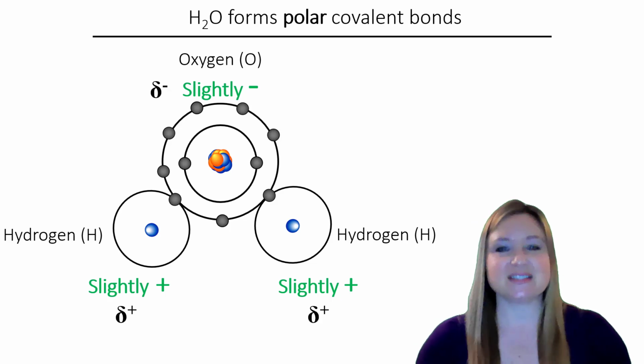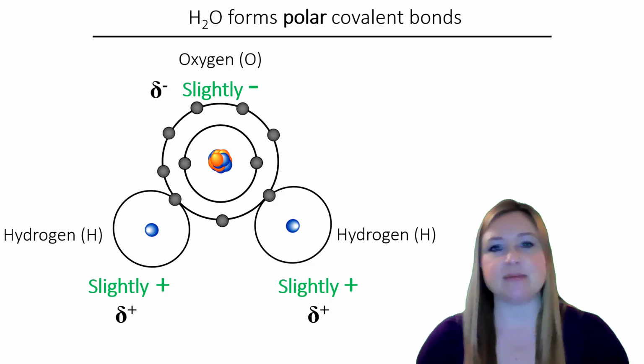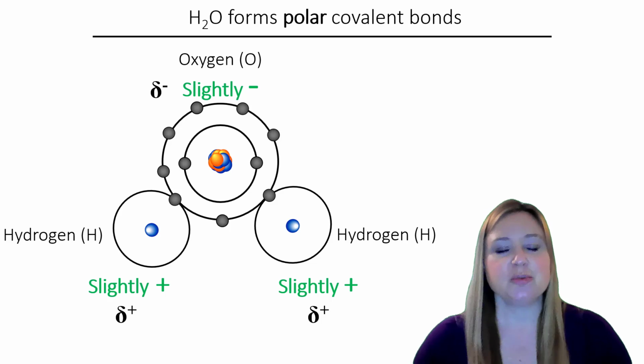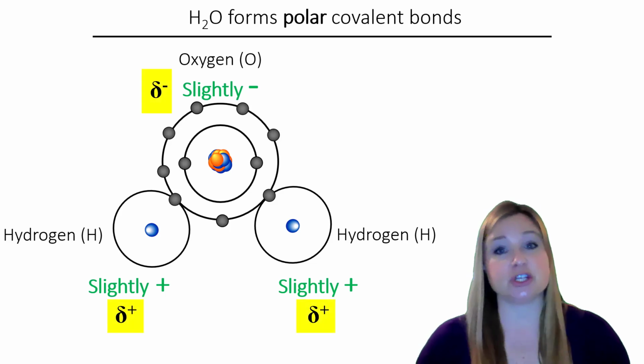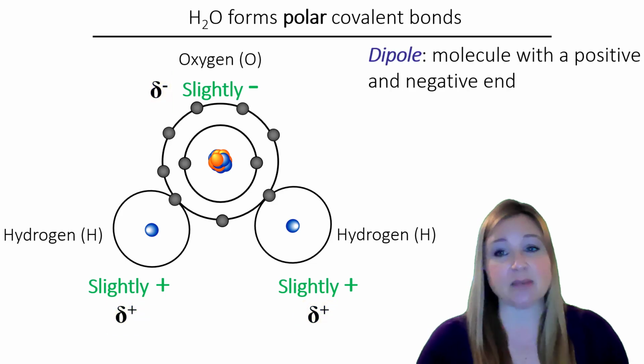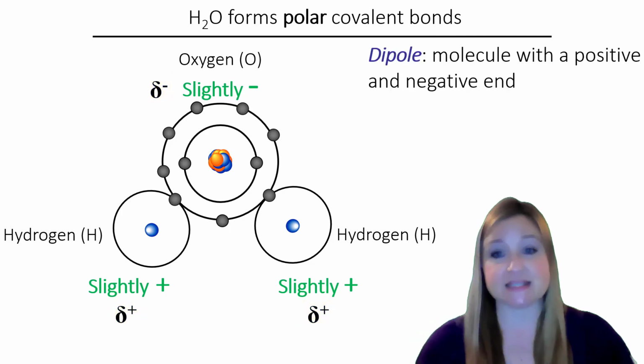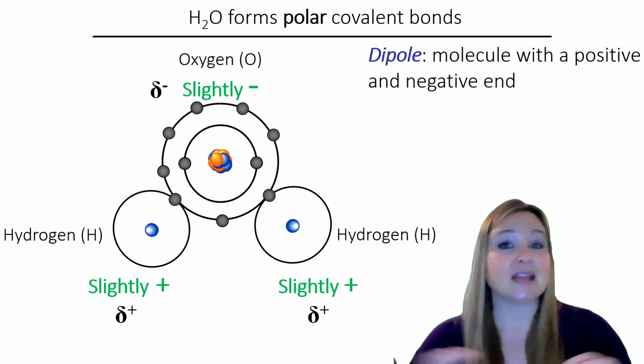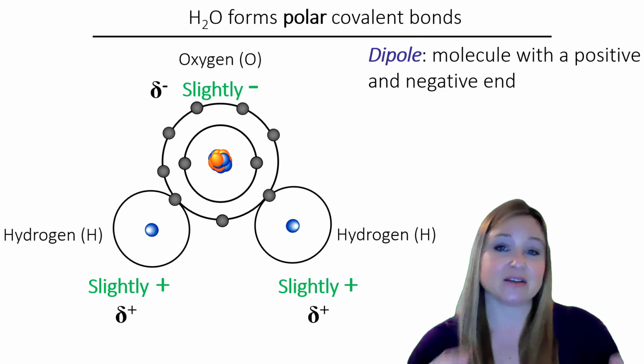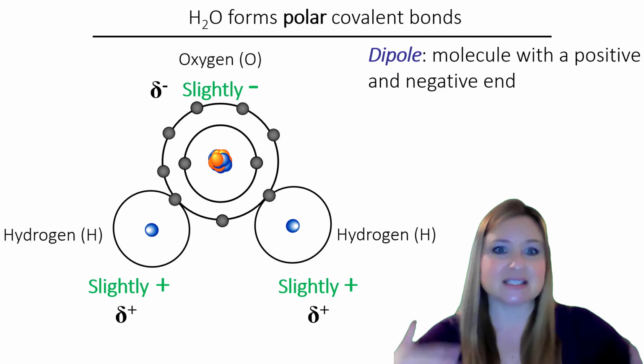Now, I want to mention that sometimes when you see this represented maybe in books or online, you might see this little delta associated with different parts of the molecule. The delta refers to a dipole, right? A dipole is defined as a molecule that has a positive end and a negative end. And because that electron circulates more frequently around oxygen, oxygen is slightly negative.